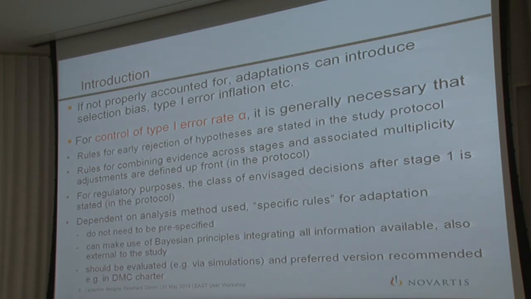Like, for example, I will do sample size re-estimation. I will not decrease the sample size, but I'm considering increasing the sample size. If I'm doing that, I will be using a combination p-value method to adjust for the type 1 error, for the family-wise error rate. And then within these frameworks, you can make your decisions, for example, based on Bayesian principles, as we have just seen are now supported by EAST.